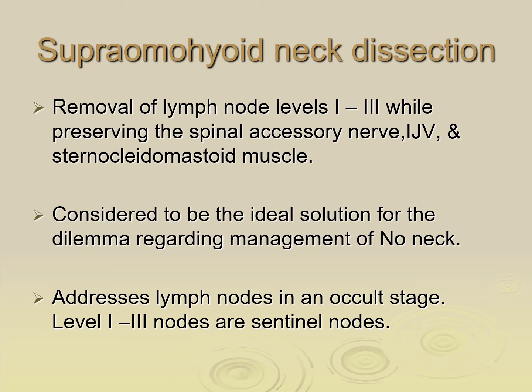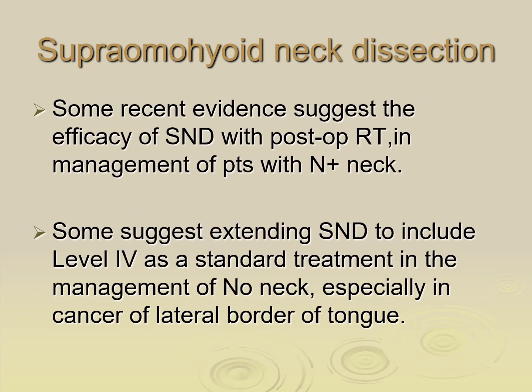This is considered the ideal solution for the dilemma regarding management of the nodes of the neck. It addresses the lymph nodes in the occult stage from level 1 to 3. As I already mentioned, levels 1 to 3 are where most lymph nodes are affected in oral cancer. Some recent advances suggest the efficacy of selective dissection with post-op radiotherapy in the management of patients with neck nodes.